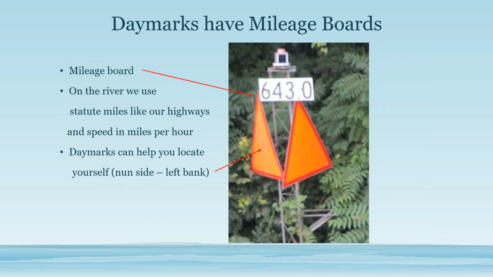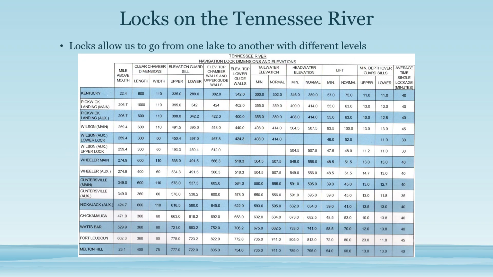Day marks with mileage boards are river road markers like highway mileage posts. Here's a list of locks with their details from the paper folio Tennessee River Chart Book.